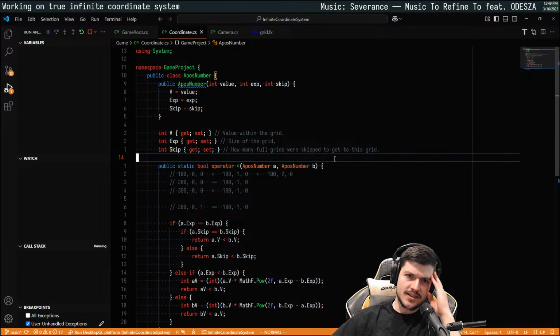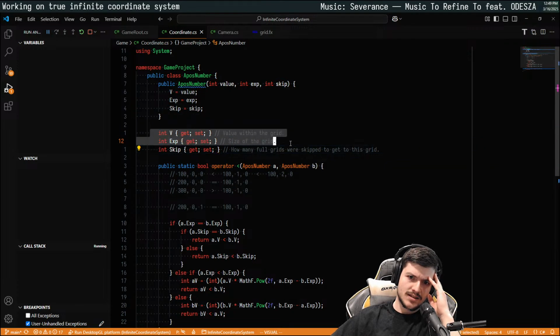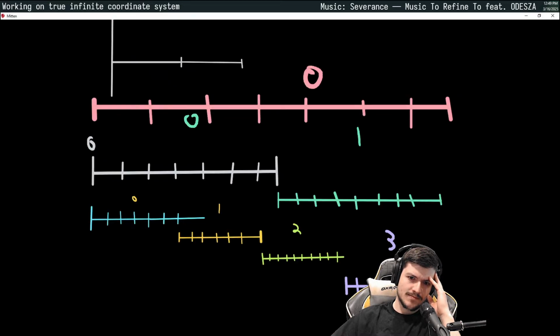The issue is that the skip is kind of related to this exponent above. It's expressed as like whatever little number plus the whole range.